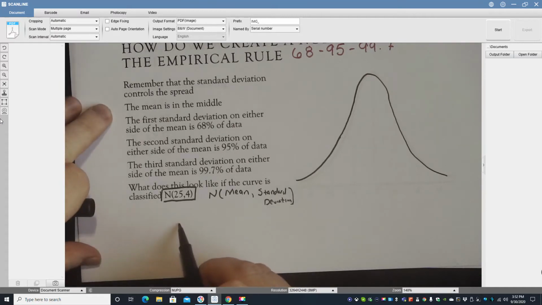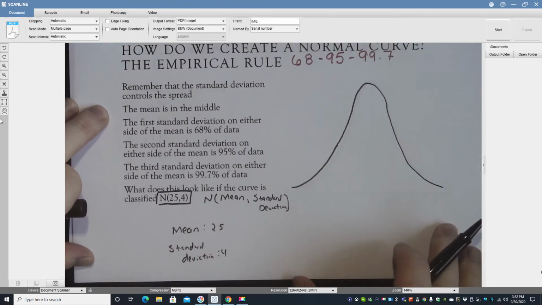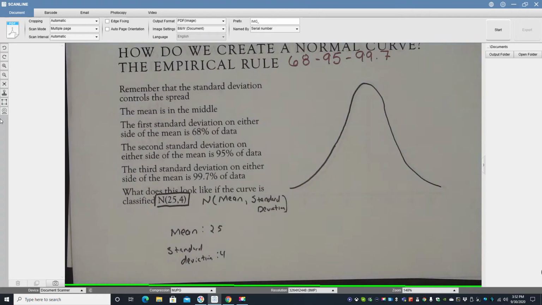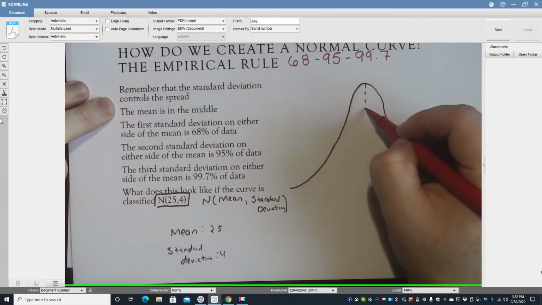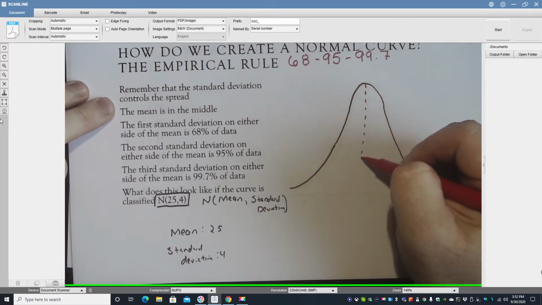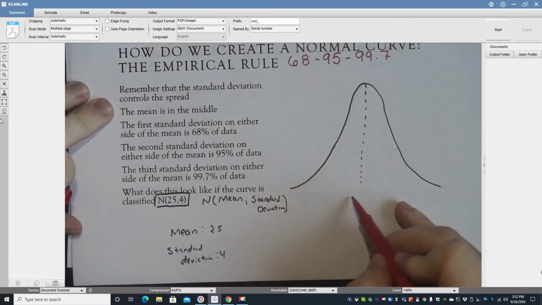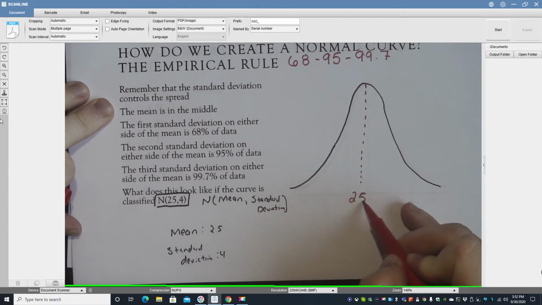So I'll just write that down here real fast. Mean 25, standard deviation of 4. So for my curve, directly in the middle is going to be the mean, median, and mode. That's going to be 25.